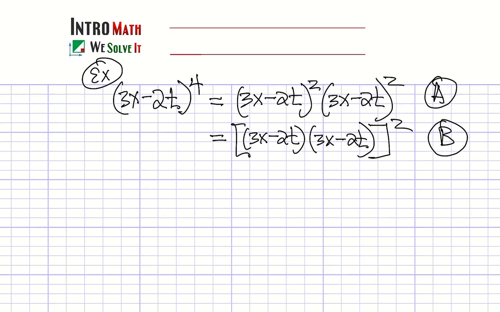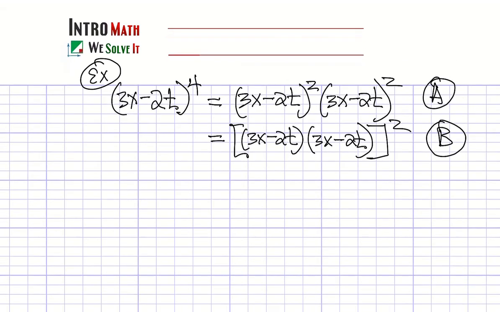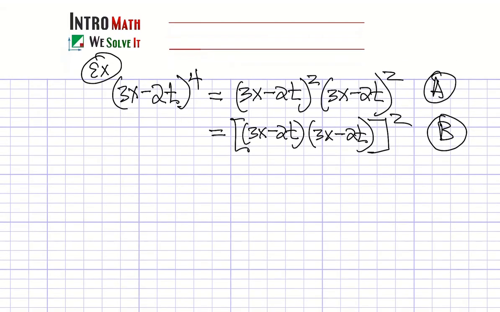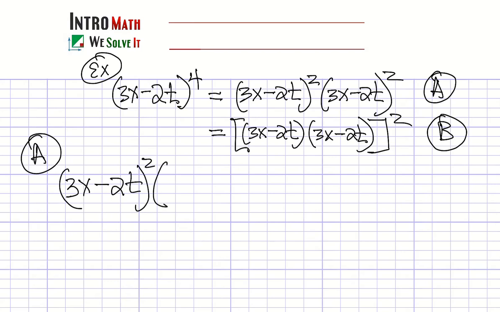So we're gonna do it both ways. This is the last one I will do, and then we'll move on to something else. Now check this out. Let's do method A first. It involves 3x minus 2t squared.